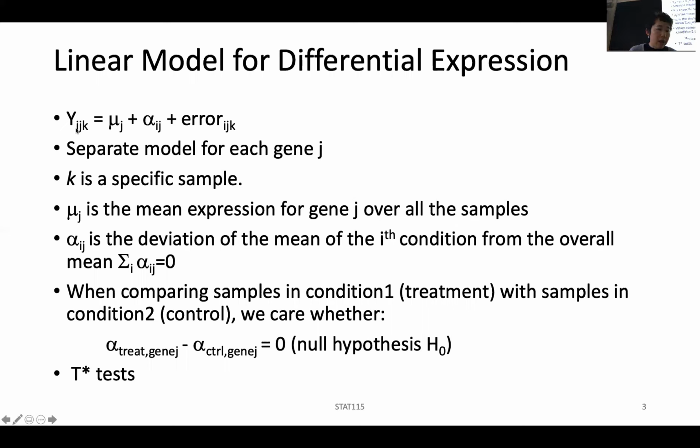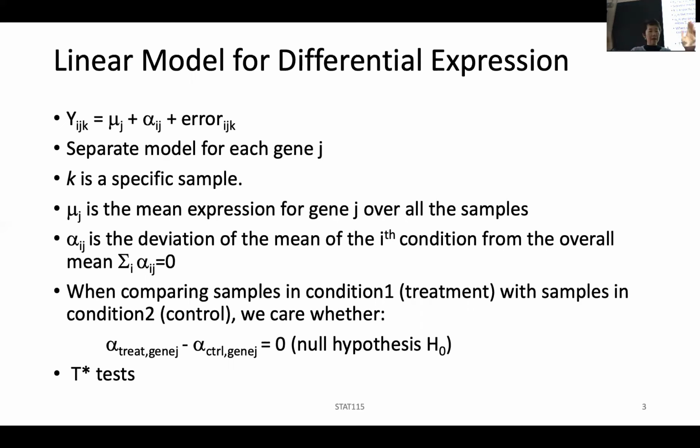And so in LIMMA, the model is like this. You believe the expression of a particular gene J in condition I in sample K is equal to mu. Every gene has a separate ID, and here is gene J. K is a specific sample, and mu is the mean expression of this gene over all the samples.